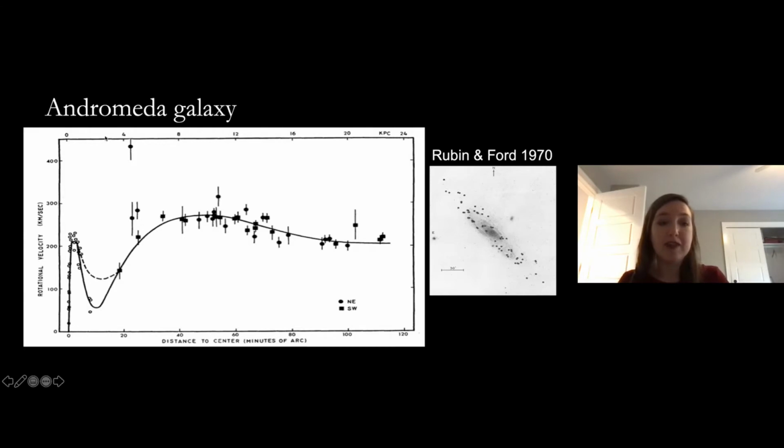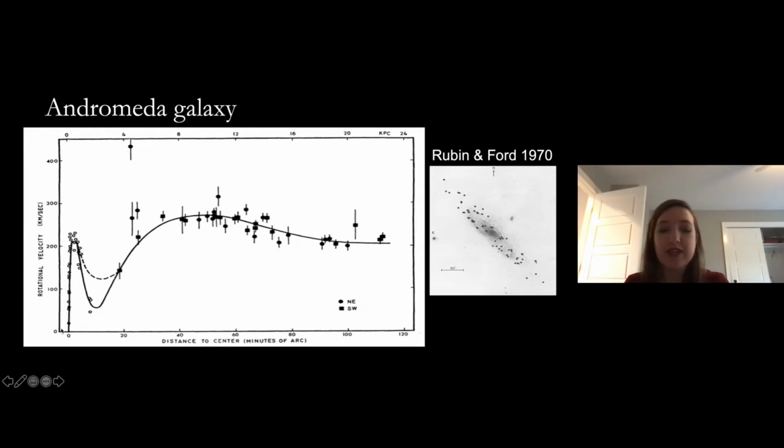On the top is that scale in physical distance, measured in this case in a unit called a kiloparsec, which is about 3,000 light years.